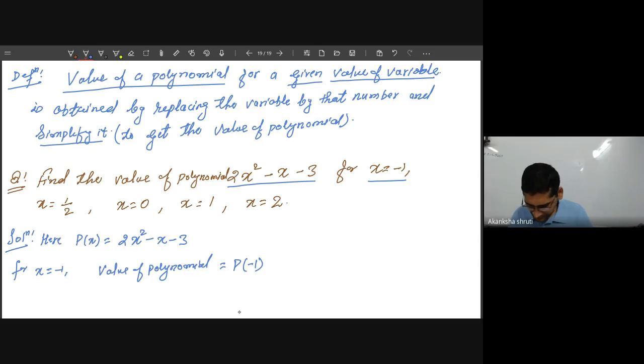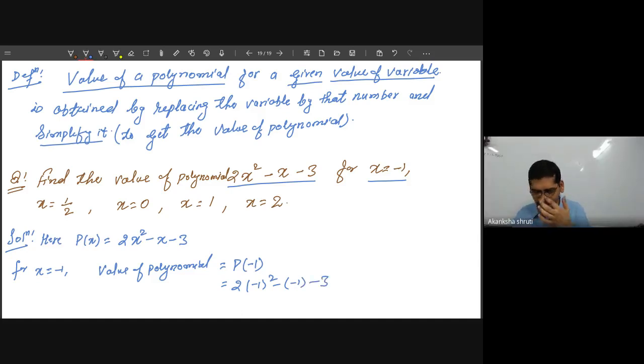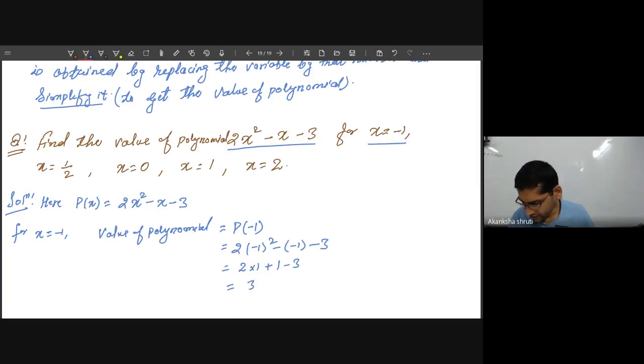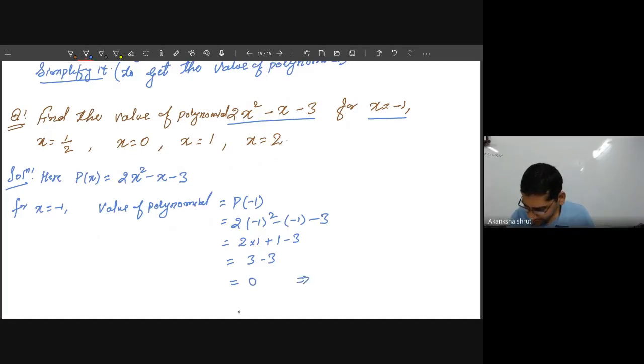Wherever x is there in this polynomial, replace it by minus 1. So 2 times (minus 1) square minus (minus 1) minus 3. Students, wherever a negative sign is there, handle it carefully. So this becomes 2, and minus of minus 1 turns into plus 1, and then minus 3. So it becomes 3 minus 3, which is 0. I am writing here p(minus 1) equals 0.